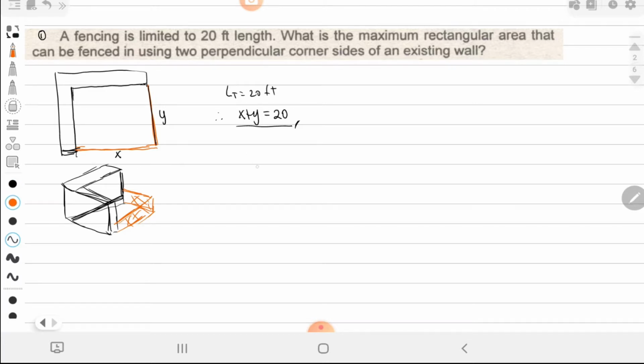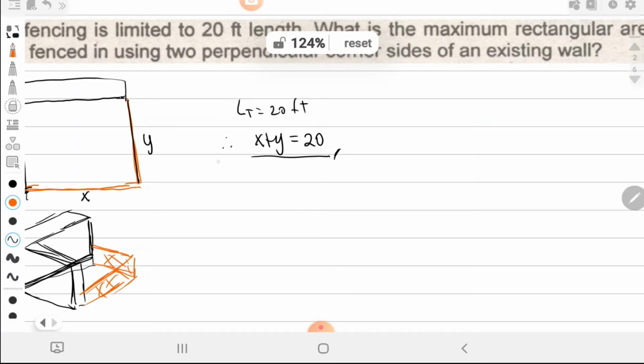From here, we will get the formula of our area, wherein area is equal to xy. Okay? Or is equal to length multiplied by width. In this case, our length is equal to y and our width will be equal to x. So if we get the derivative of this, we would maximize A with respect to any side, x or y.